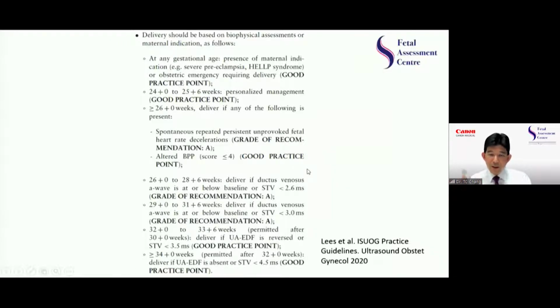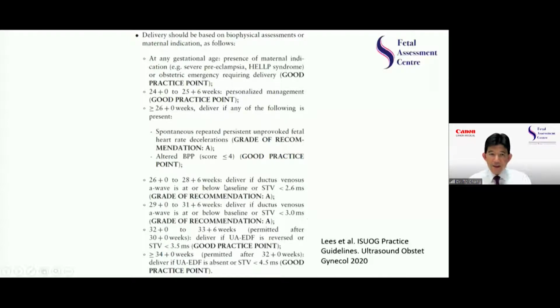Remember my two earlier gestations, 30 weeks and 32 weeks, depending on whether it's reverse or absent flow in the umbilical artery Doppler. Well, if you've got absent or reverse flow, if the A wave is at or below the baseline, that's what it means by absent or reverse flow, you may actually have to consider delivery as early as 26 weeks or beyond.